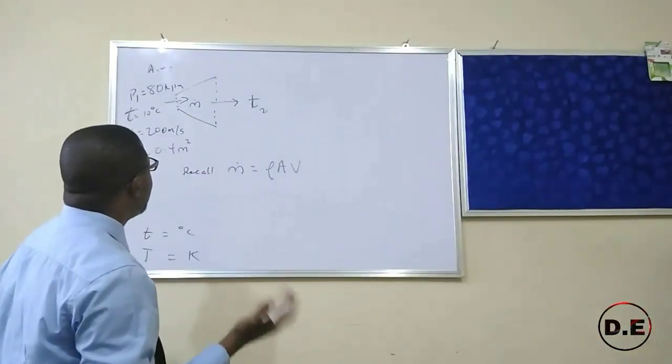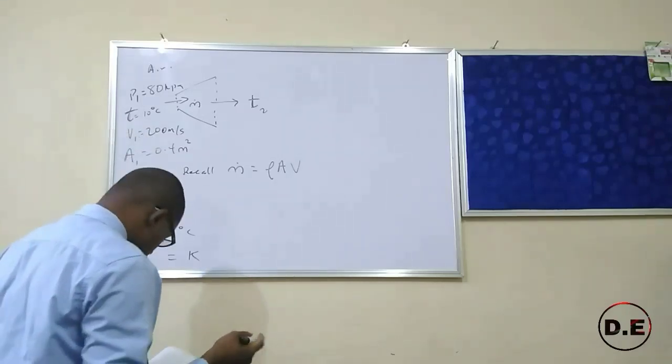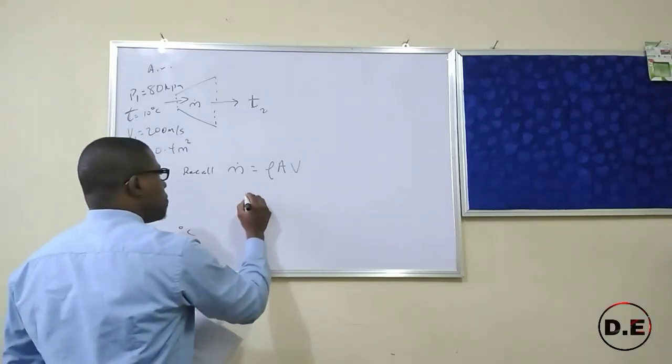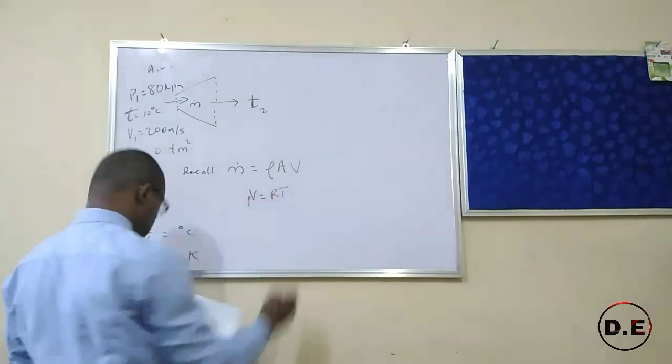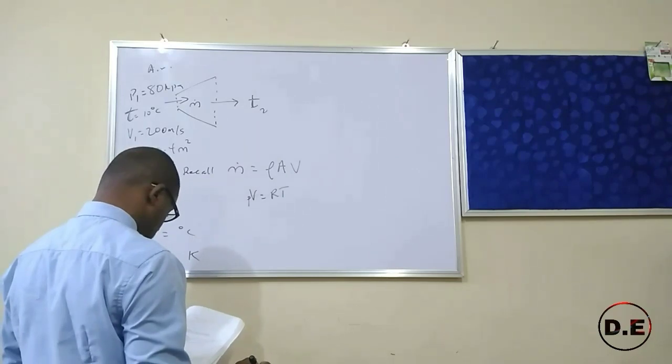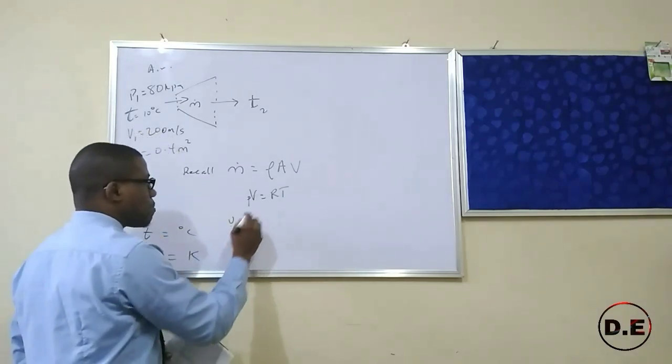So the density of air was not given to us, but we can calculate it. Recall that PV is equal to mRT. So I can get the specific volume.